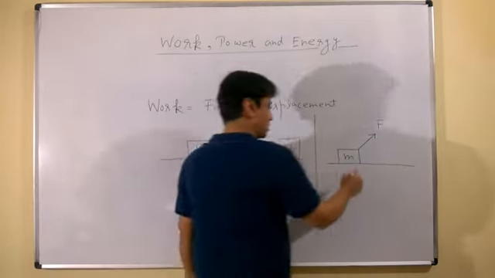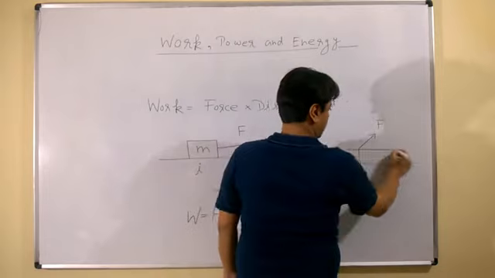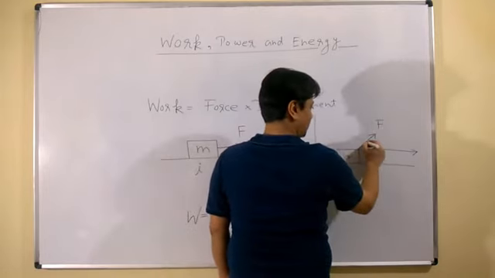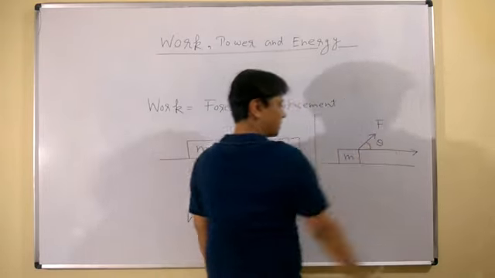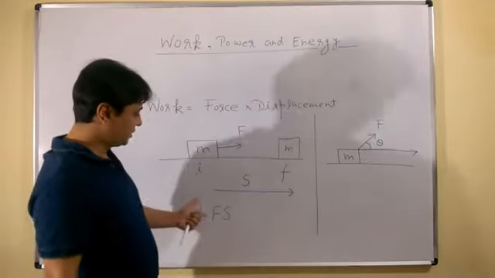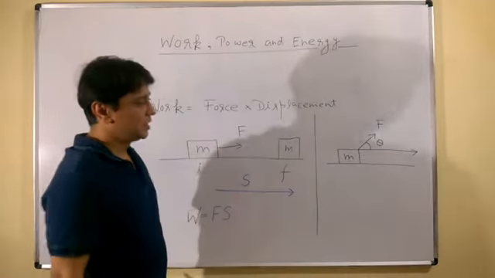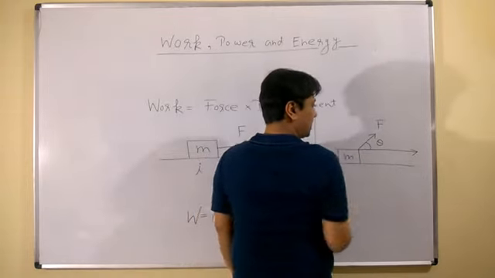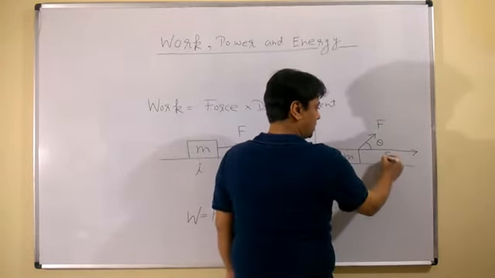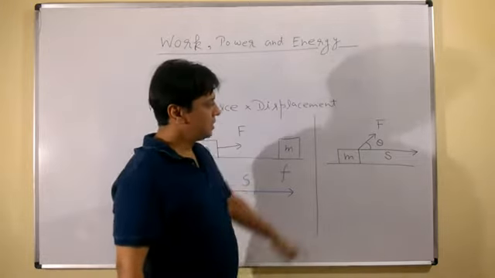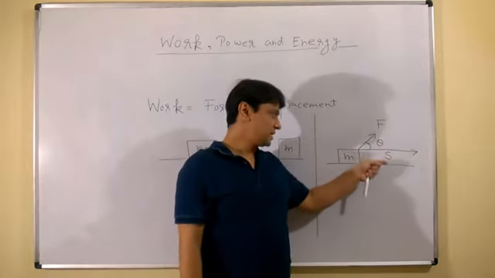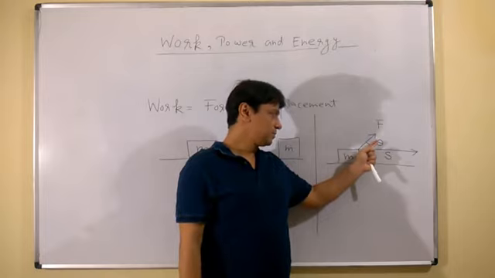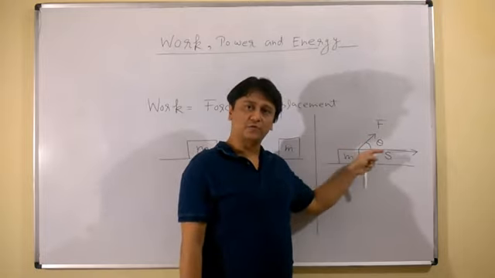And this direction makes an angle of theta with the direction of displacement. It moves from this position to this position. That's the direction of displacement. Under this force, which is acting at an angle of theta, theta is taken from the direction of displacement.